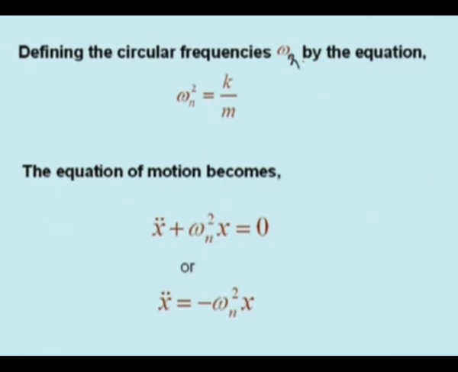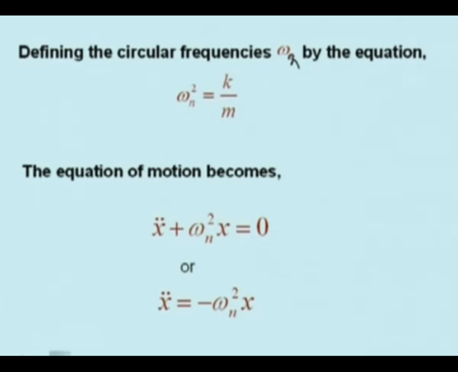Since k by m is a constant, let me represent it by omega n square. For the time being, let us consider it a constant. The equation of motion becomes x double dot plus omega n square x equal to 0, or x double dot is equal to minus omega n square into x.